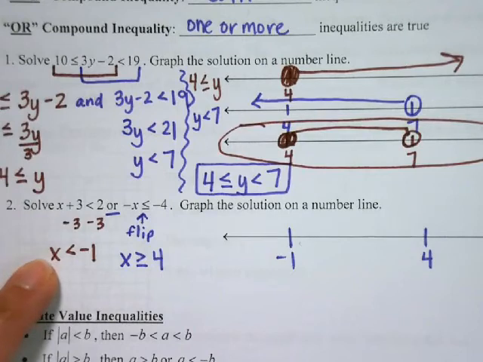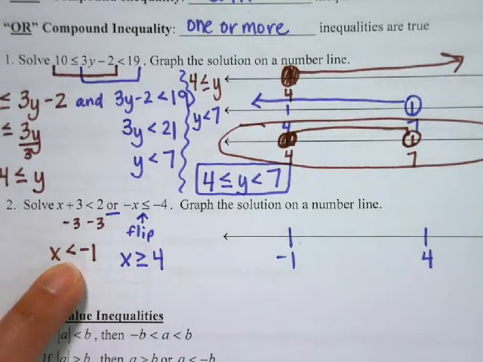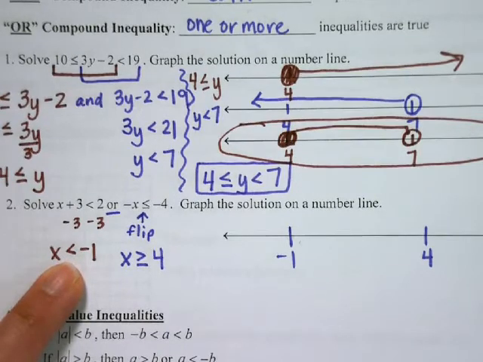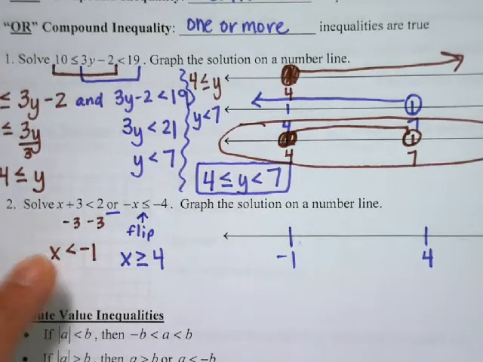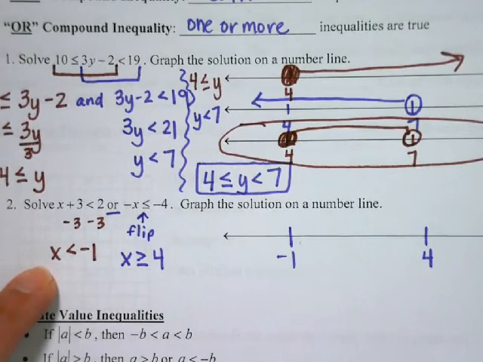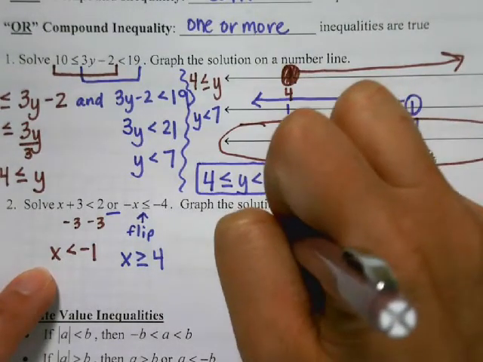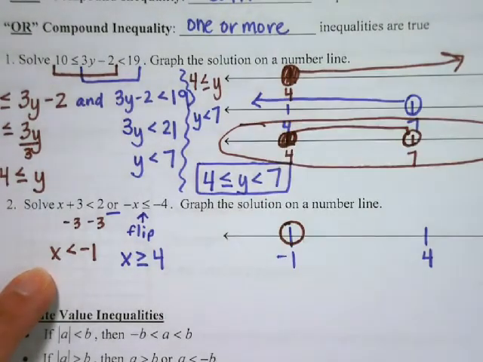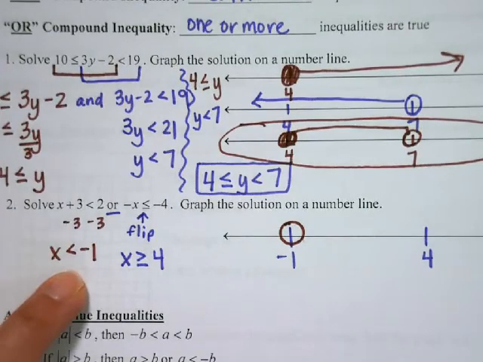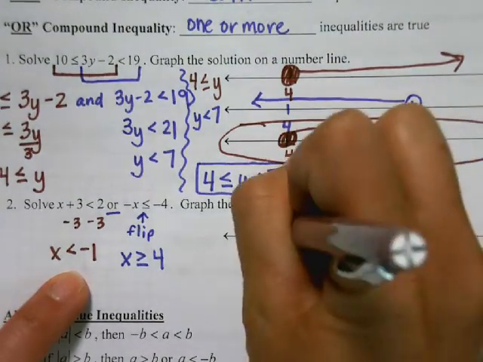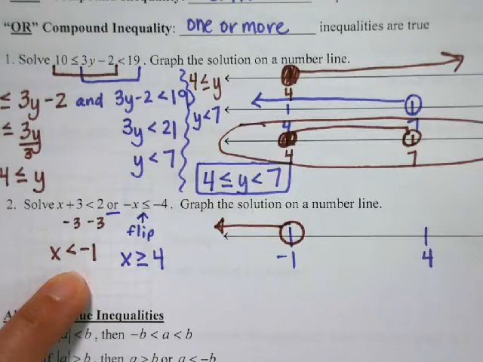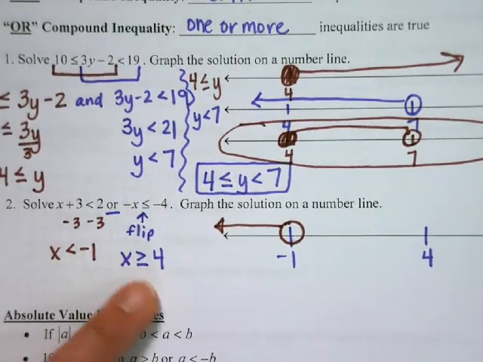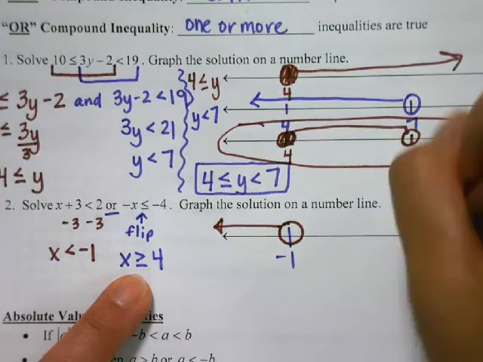If your variable is on the left, your inequality symbol will point in the direction your arrow needs to go. Okay? If your variable is on the left. So I have an open circle on negative 1, and I want numbers that are smaller than negative 1. Those are to the left. This guy has the equal sign with him.